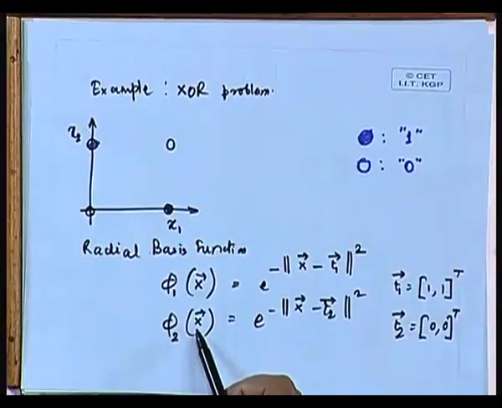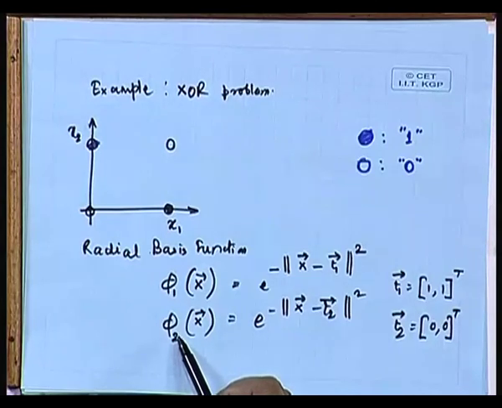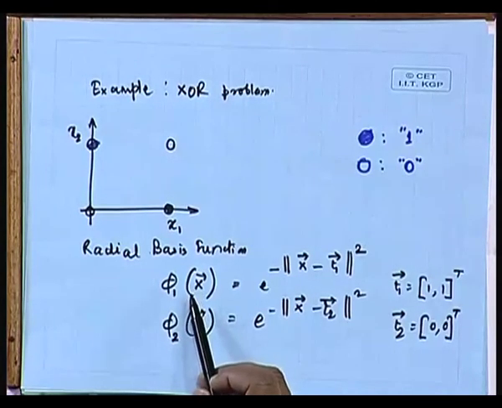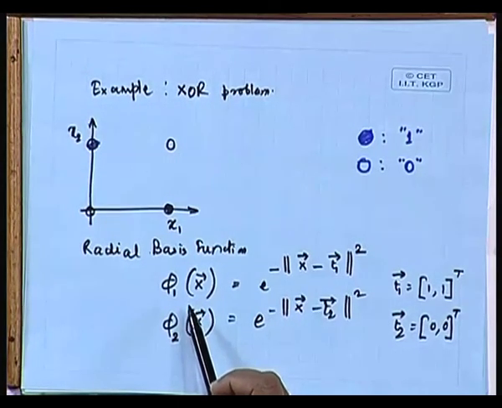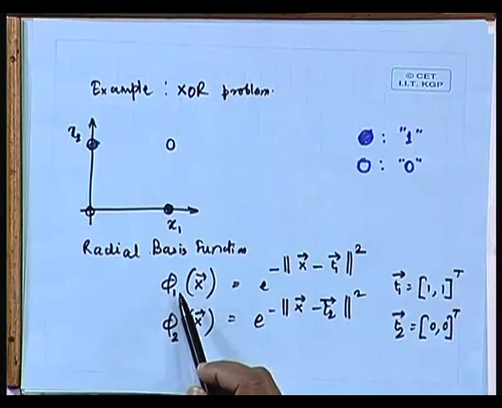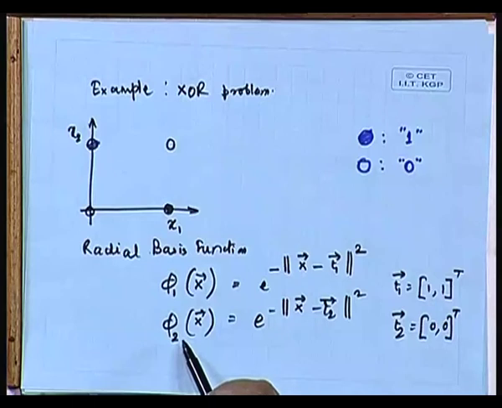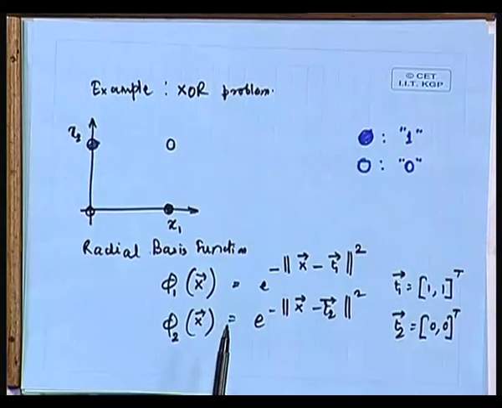Now, what we have to compute is phi 1 of x and phi 2 of x, the values of these functions, because ultimately these functions are going to give us values in the real space. And if we consider the values of phi 1 x and phi 2 x together, then that gets mapped into a two-dimensional real space, R square.